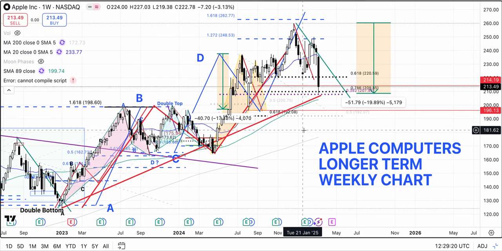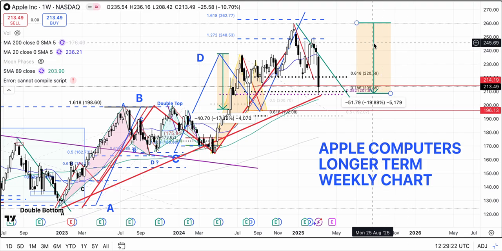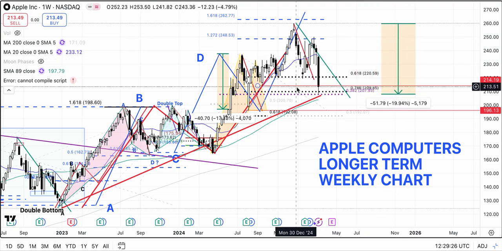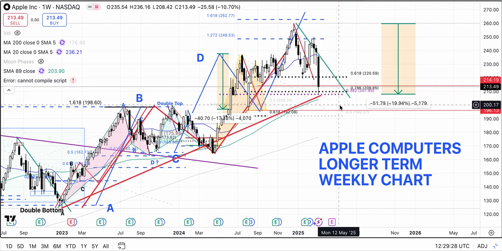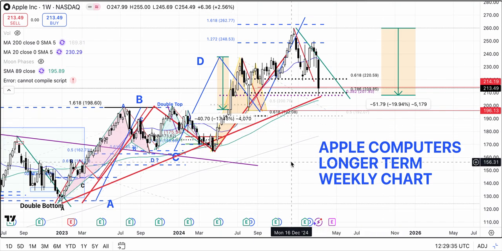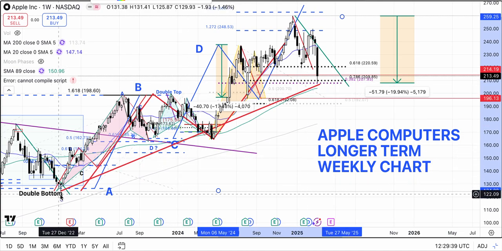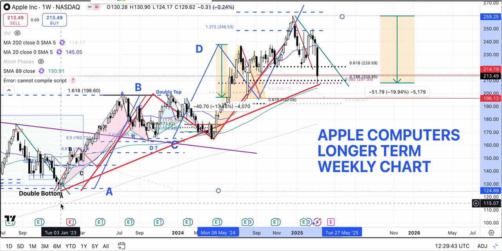And one of the key things when we are looking at this chart is that where the market stopped last Friday is really important, which I'll also show you on the daily chart. But on the weekly chart, it is the 38.2% retracement since the bottom came in, which was in January of 2023. That's the early part of the first week of January, new year.